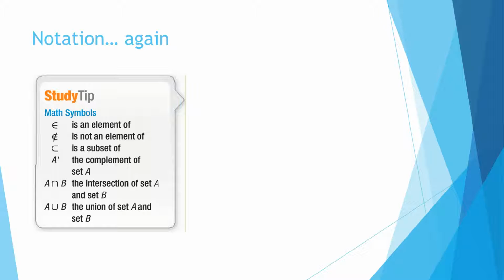Now, A with this thing here, we often call this prime. A prime means the complement of A. That means everything that's not in A. So as we're going through this, you're going to have a universal set.